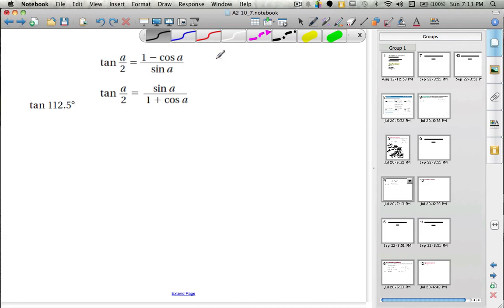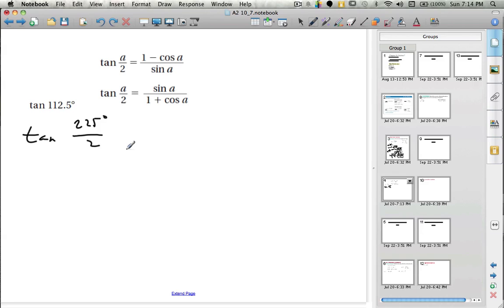Okay, so now we're going to do something similar here. We're really not going to work with 112.5. We're going to work with 225. So tangent of 225 degrees divided by 2. You notice I have different formulas I could use, so let's decide which we want to do. Let's go back again to our unit circle conceptually. 225 is down here. It's pi plus pi over 4, or 45 degrees if you prefer to think of it that way.